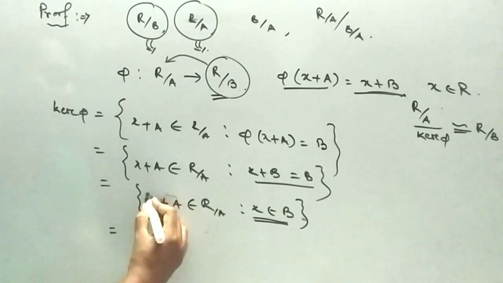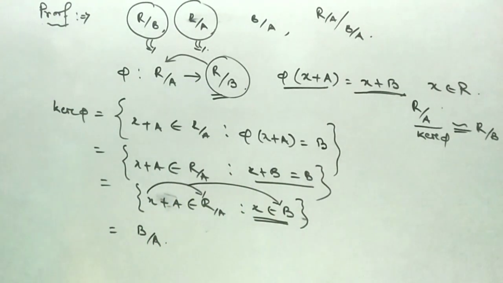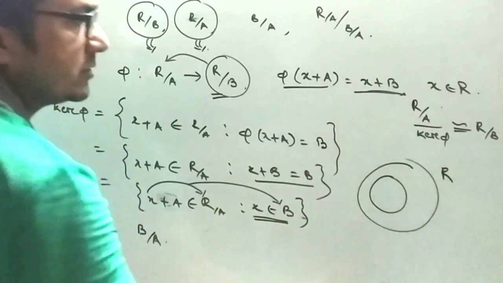Okay, x belongs to R and this x also belongs to B, so x must belong to B because B is this set and R is the ring.